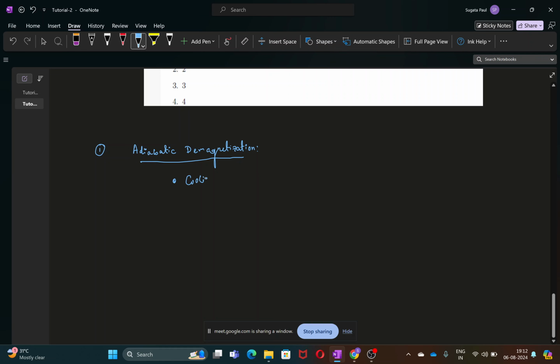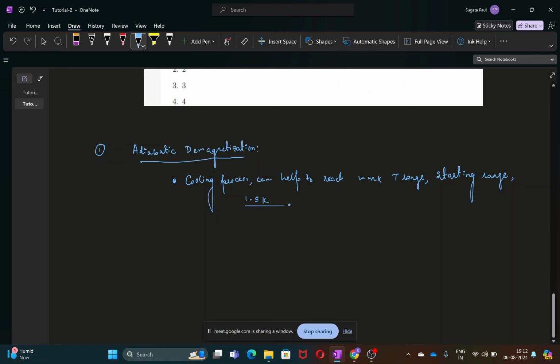It is basically a cooling mechanism, a cooling process that can help to reach even the millikelvin temperature range, but your starting temperature should be in the 1 to 5 Kelvin range. You have to be first at an initial starting temperature of some 1 to 5 Kelvin, and only after that can you use this adiabatic demagnetization process to cool the sample down further.